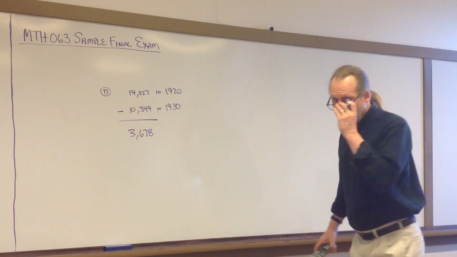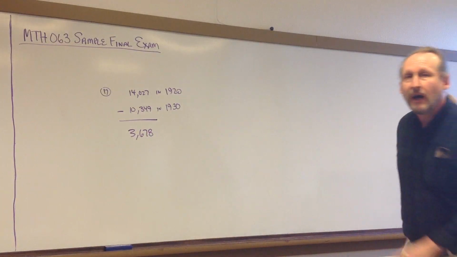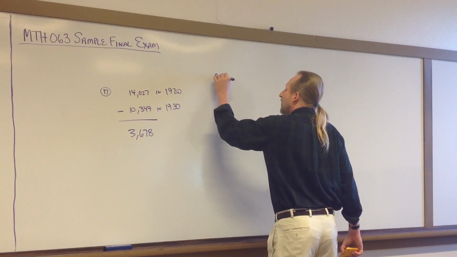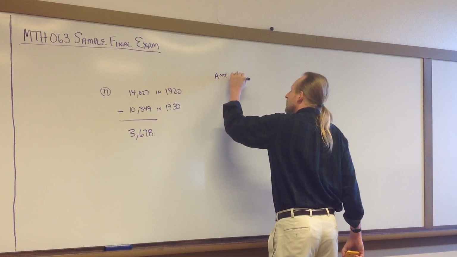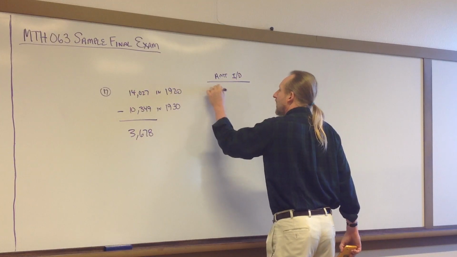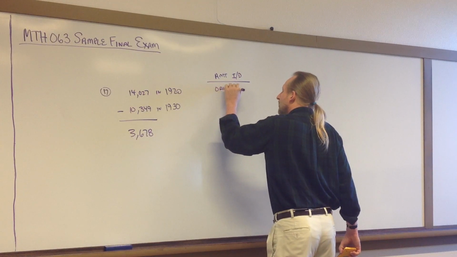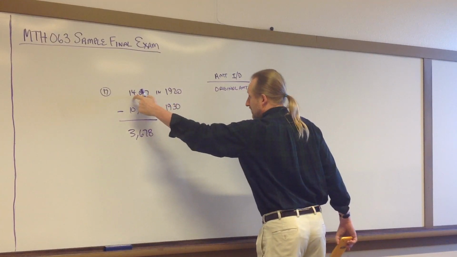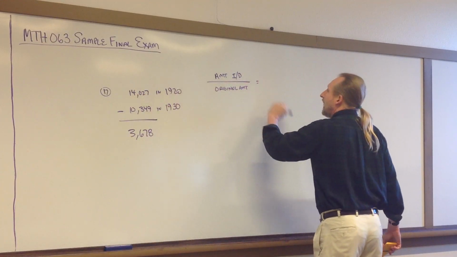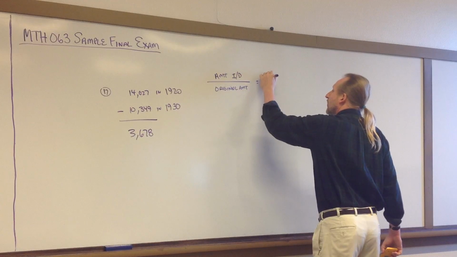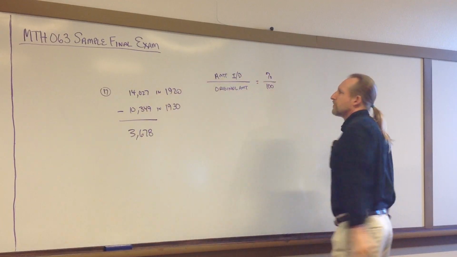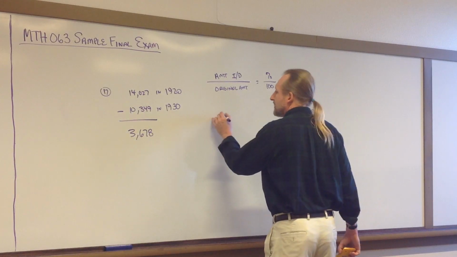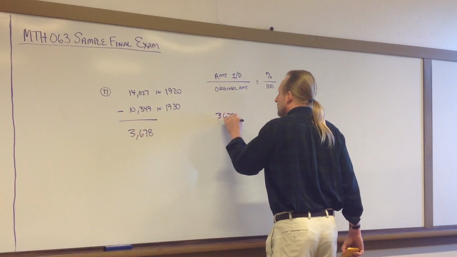3,678. Okay, so remember, to find the percentage of increase or decrease, you take the amount of the increase or decrease divided by the original amount, wherever it started, in this case 14,000, and then that's your is over of. Over here, you'll have percent over 100. Okay? So, the amount of the decrease, 3,678.